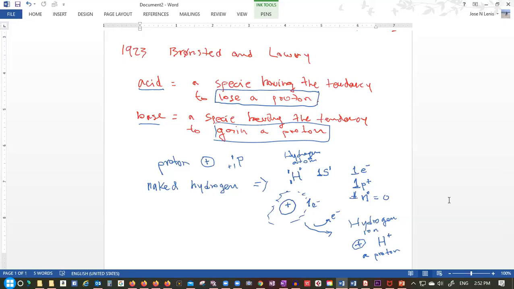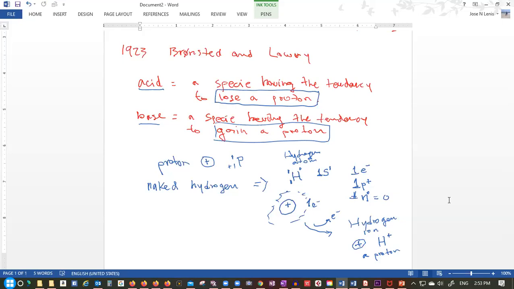Later on, we are going to see another version of that, because H plus, we can observe experimentally only in a gas phase and under certain pressure conditions. So it's not easy to have H pluses around.